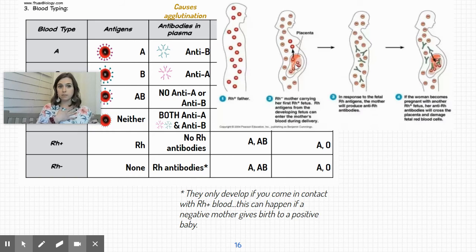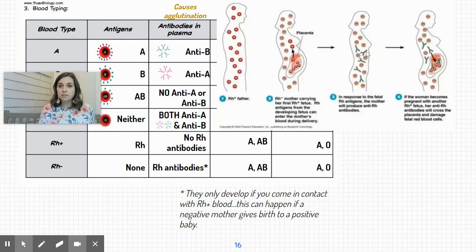And her body, the negative mom, would start to build those Rh antibodies in her body. However, it will not attack the first baby she gives birth to. That's positive. So here's a mom who had a positive baby, and she developed antibodies for any positive future offspring.